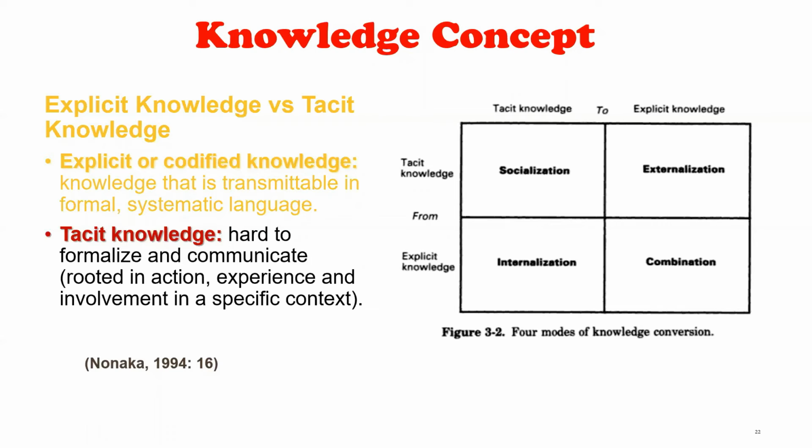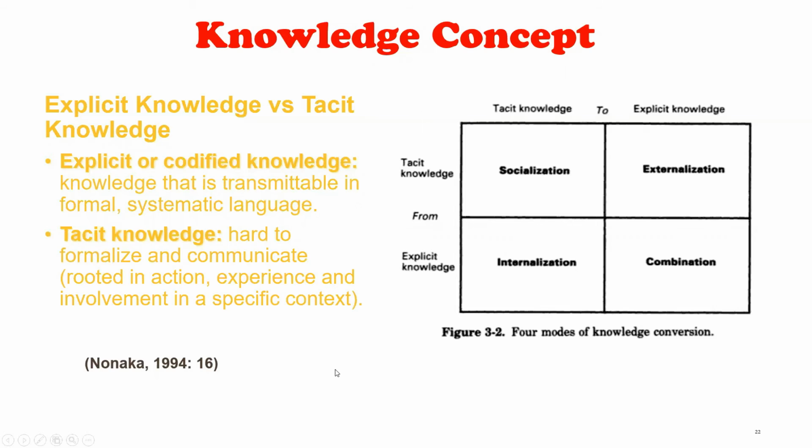It is rooted in action, experience, and involvement in this particular context, space, and time, right now as I run this lecture with you. So this is the difference between explicit and tacit knowledge.